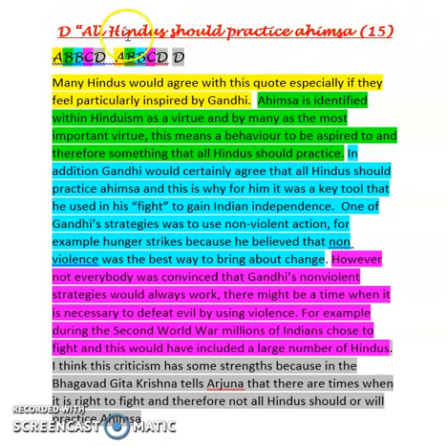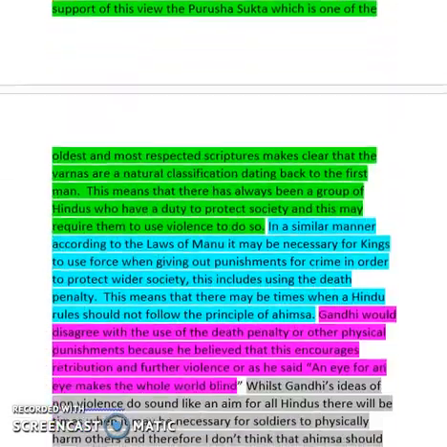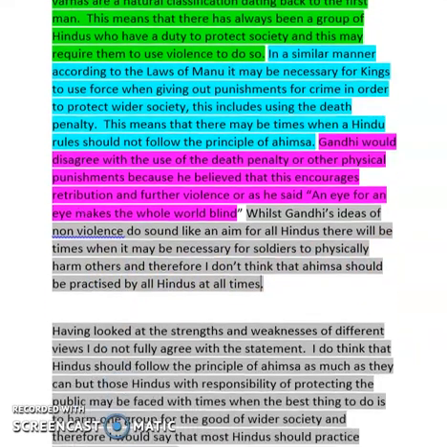So the original statement was all Hindus should practice Ahimsa. The word Ahimsa appears in every section of my argument. At the end of my first paragraph, I return to the statement and say, therefore, not all Hindus should or will practice Ahimsa. If I look at the end of my second paragraph, I don't think that Ahimsa should be practiced by all Hindus at all times.